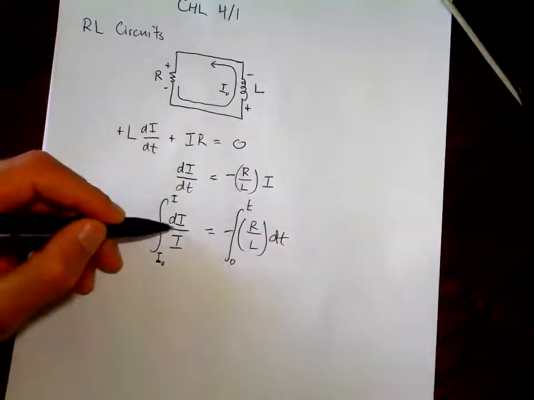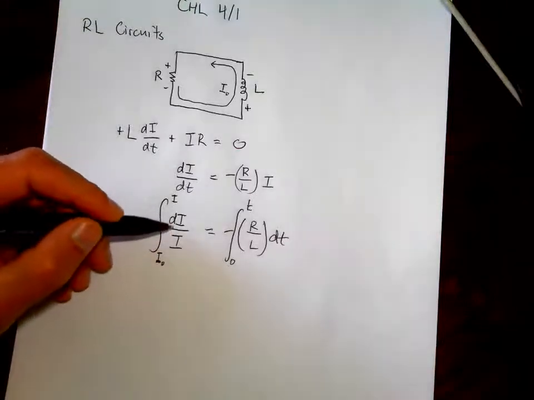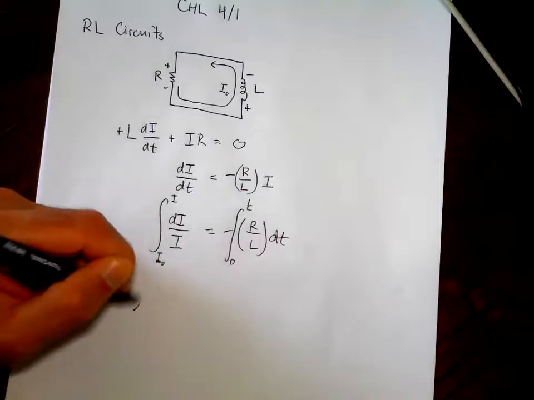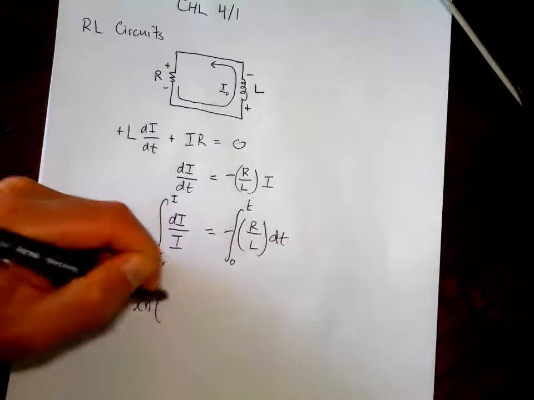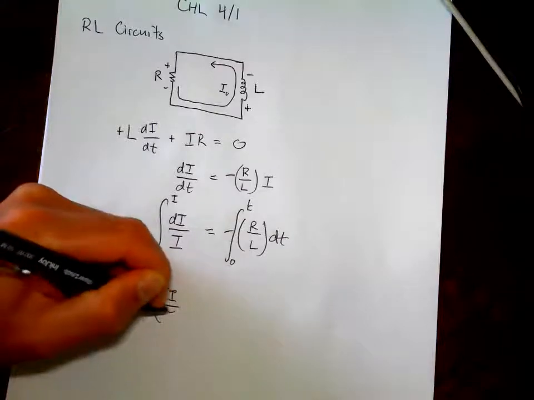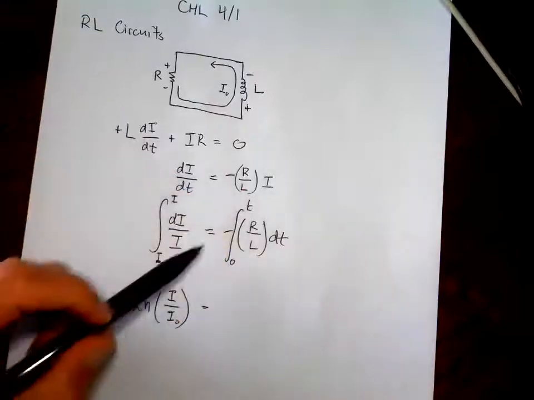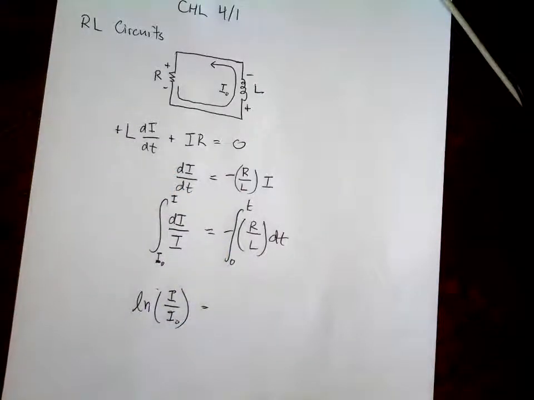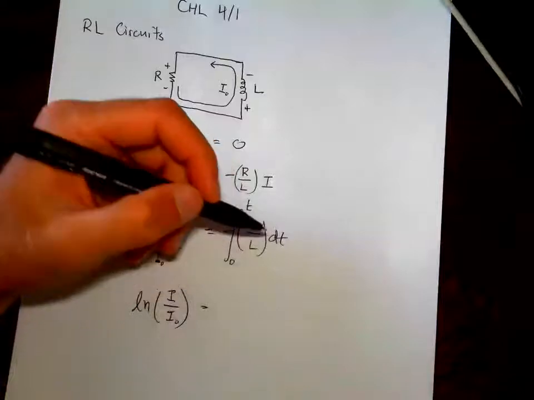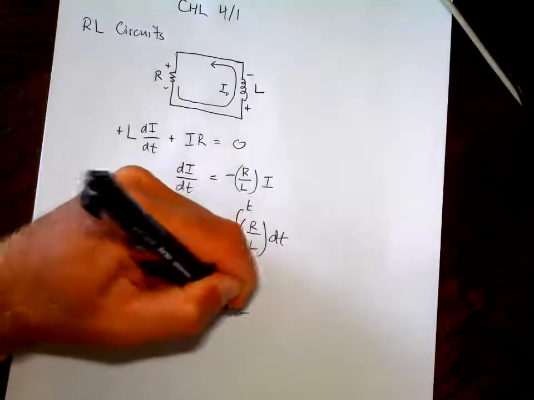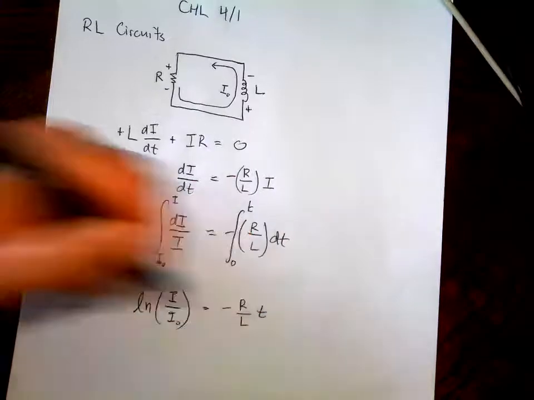Doing the integral of di over I, that's a logarithmic integral, so we get natural log of I over I naught. Doing the integral on the right-hand side, we get negative R over L times t.